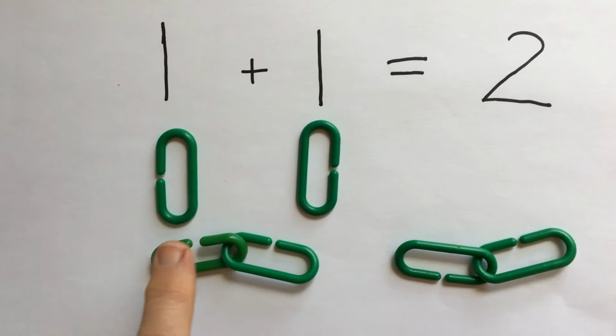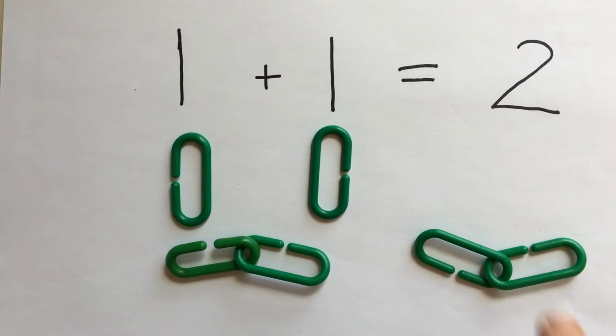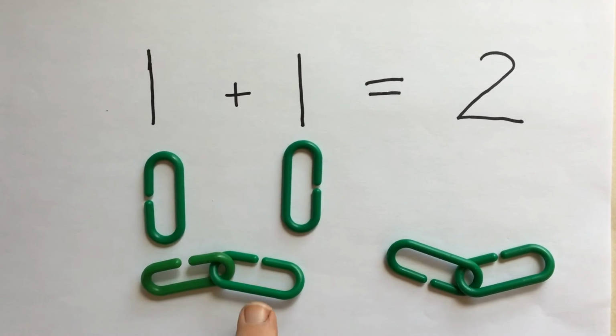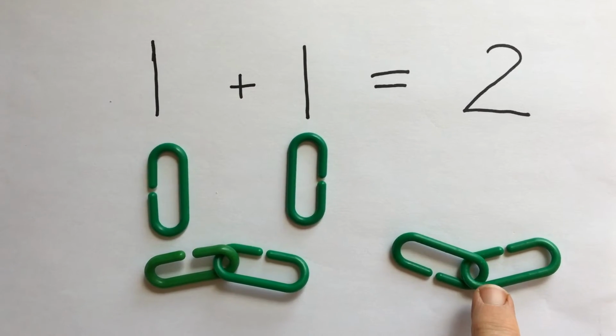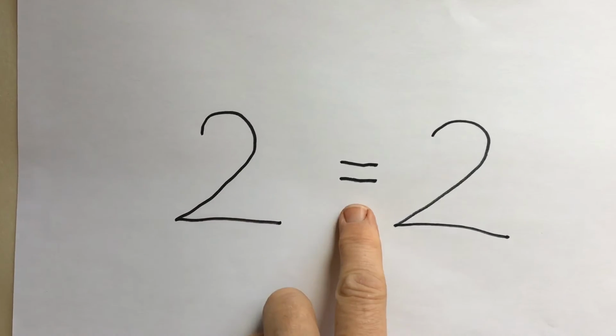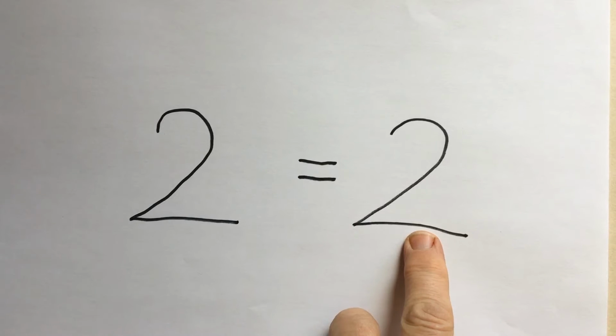That's what that means. They're the same. Just because that says 1 and 1 together, it's still 2 and it's the same as having 2.